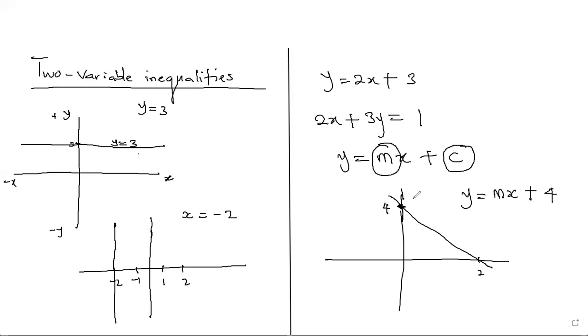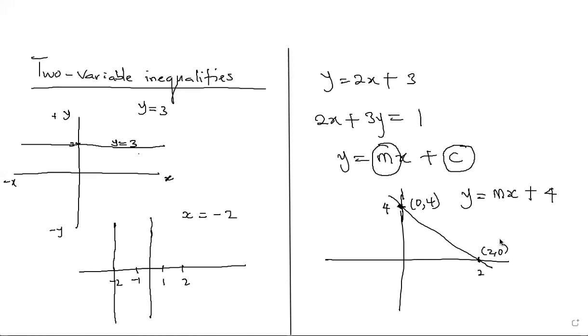This point is 0, 4, that's at x is 0, y is 4, and this point is 2, 0, because on the x-axis, y is 0. Then I can substitute this coordinate into this equation to get what my m will be. That's one approach.